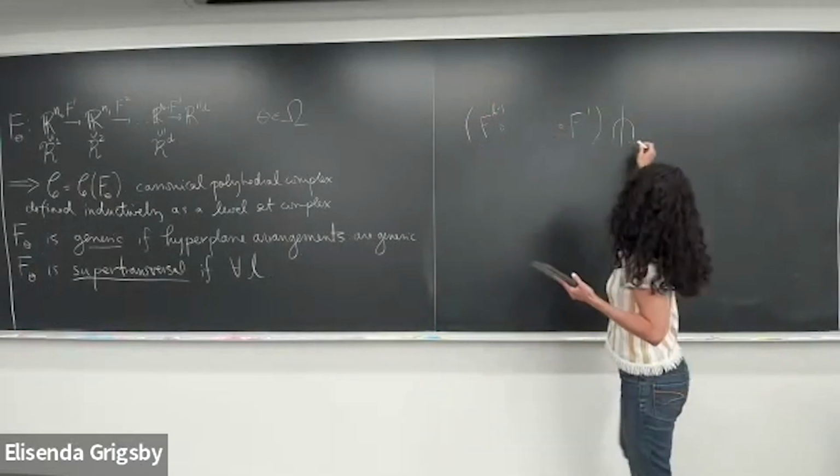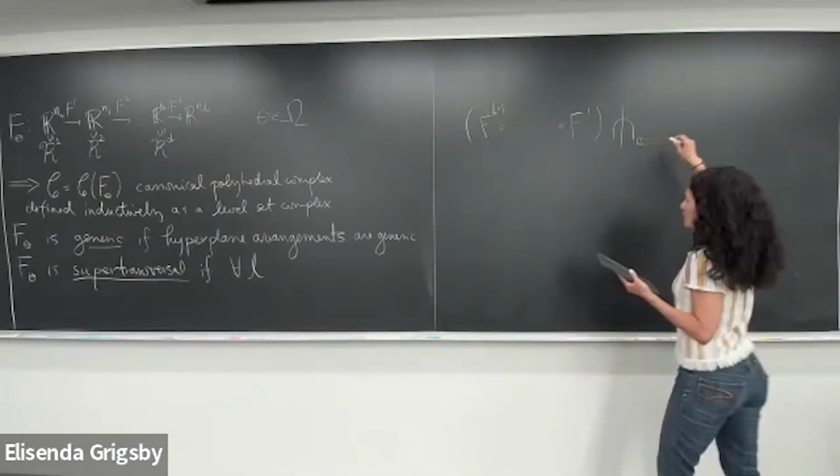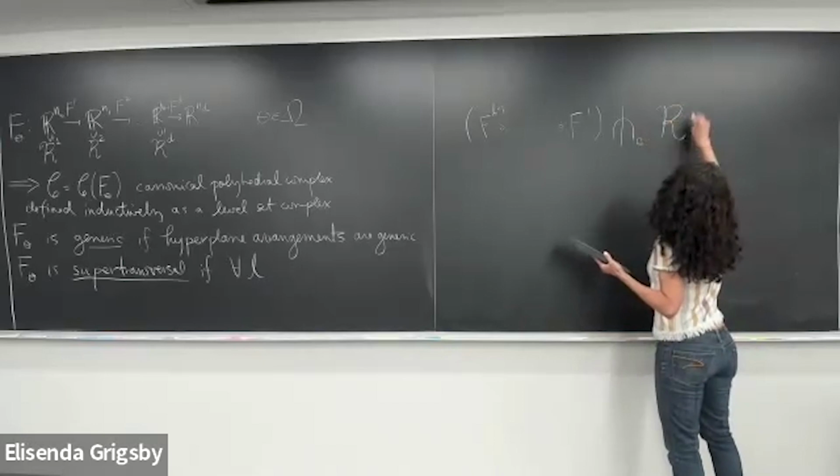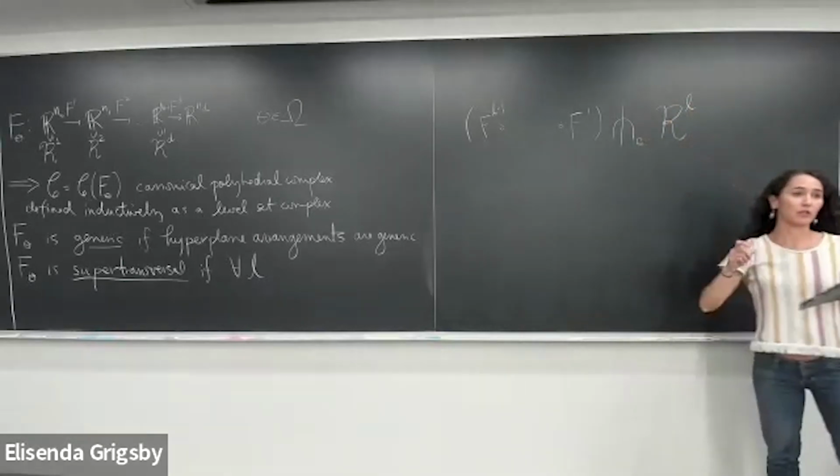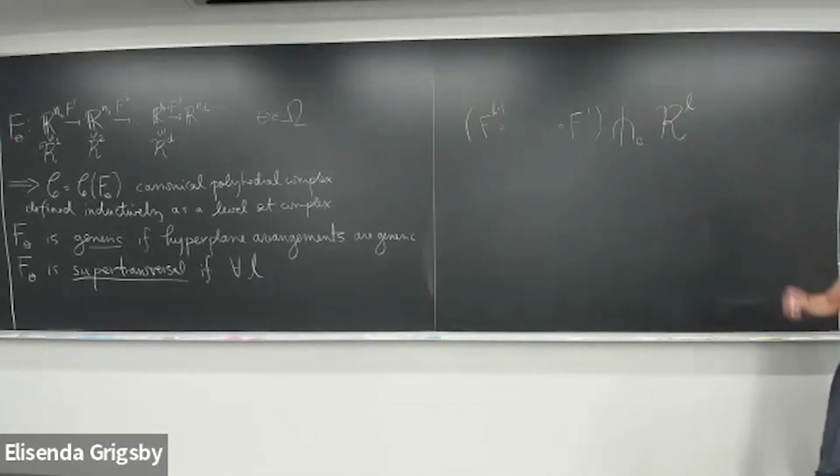And what you want is that it's transverse on cells to the polyhedral complex associated to the hyperplane arrangement in the Lth layer. So the idea here is that all the intersections of cells have the expected dimension.